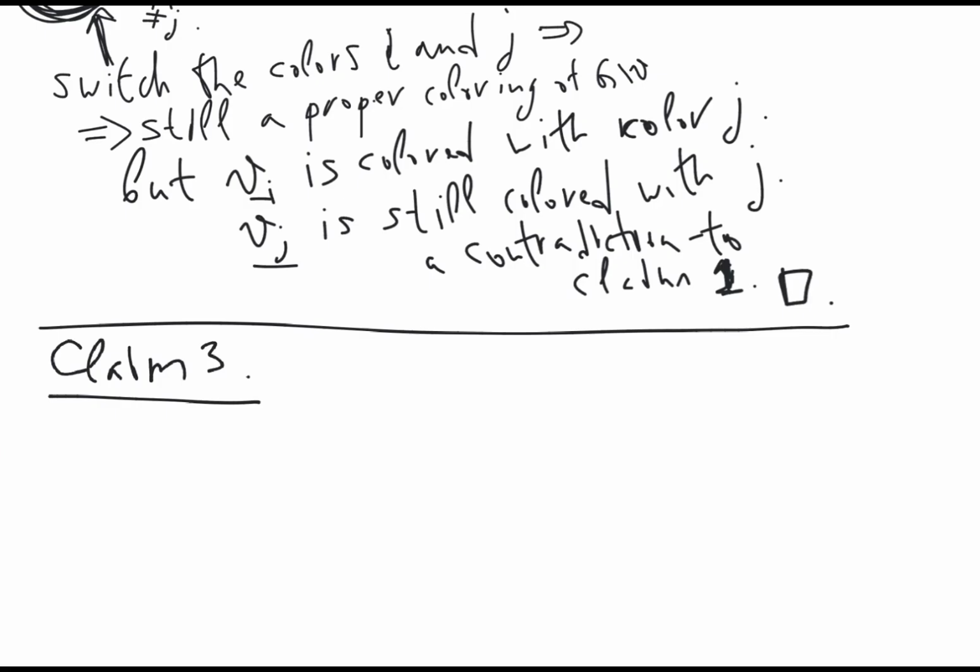Claim 3 is that Cij is not just a connected component, but it's a path. It's a path between Vi and Vj.